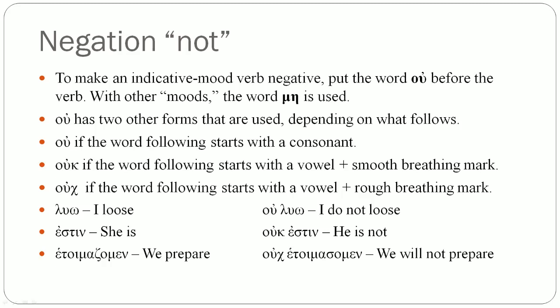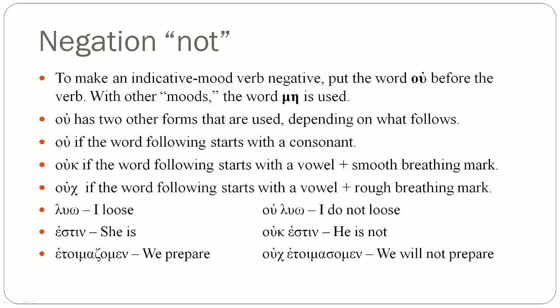If the word following oo starts with a vowel and the vowel has a smooth breathing mark over it, the form that will appear is omicron upsilon kappa, ook.